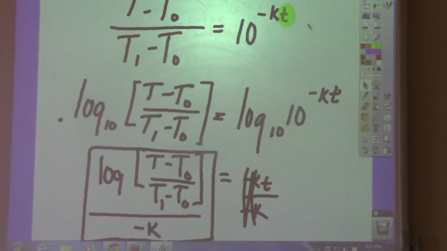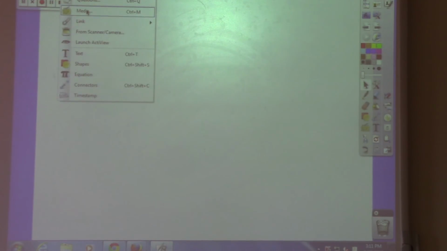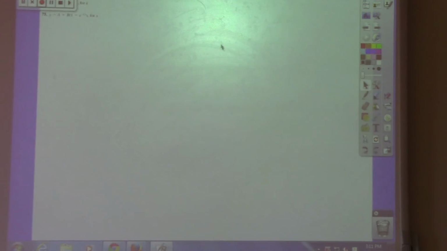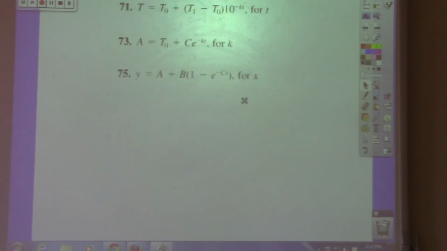Algebra. I'm trying to let y'all know the secret to passing calculus. It's not learning calculus, it's making sure you know your algebra. If you don't know your algebra, you're going to have a hard time.